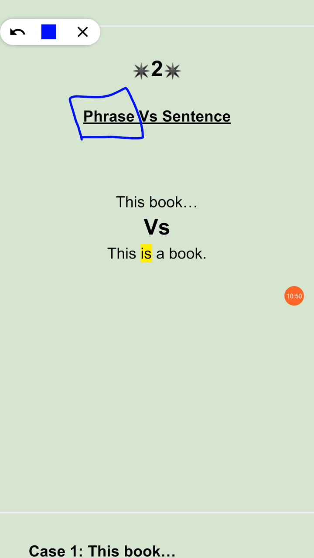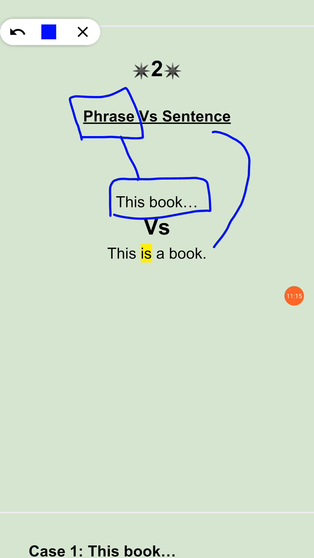For example, if you say something like this book, and the listener still demands some more information regarding your statement, that is a phrase. This book, what? Is this boring? Is it interesting? Is it too long to read? What about the book? So this is a phrase.